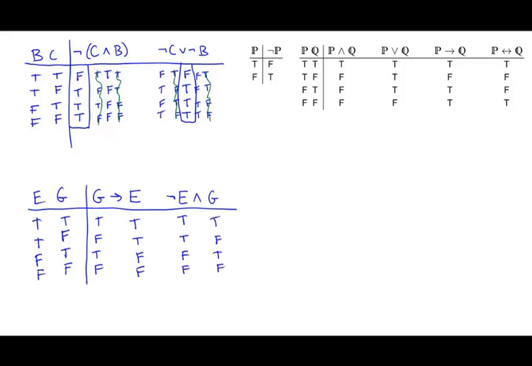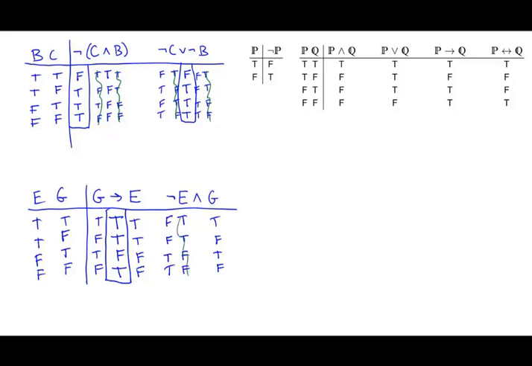Let's start again on the left. We've got a conditional here. So where both antecedent and consequent are true, the whole thing is true. False antecedent, true consequent makes the whole thing true. True antecedent, false consequent, that's the case that makes it false. And then false antecedent, false consequent makes it true. Now, to calculate this conjunction, we need the value for the hook on the E, so that's easy enough. We go F, F, T, T.